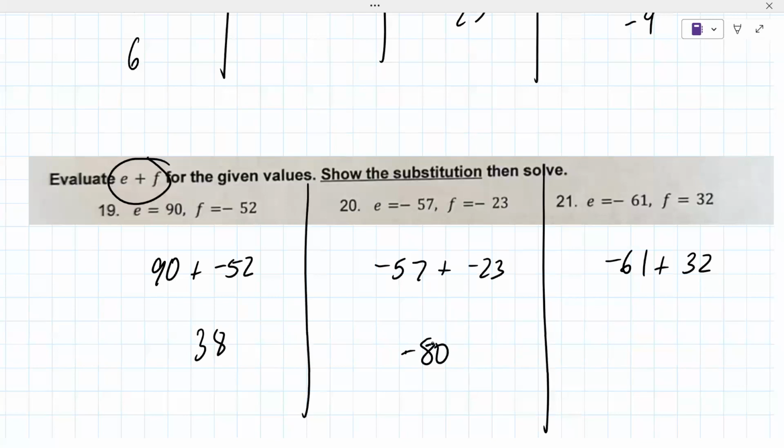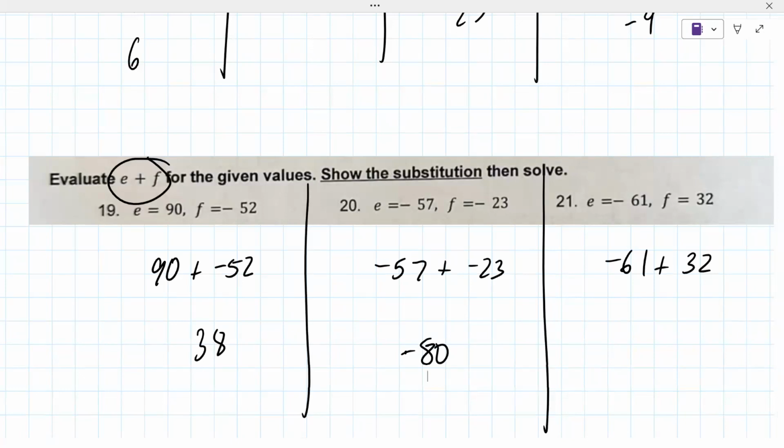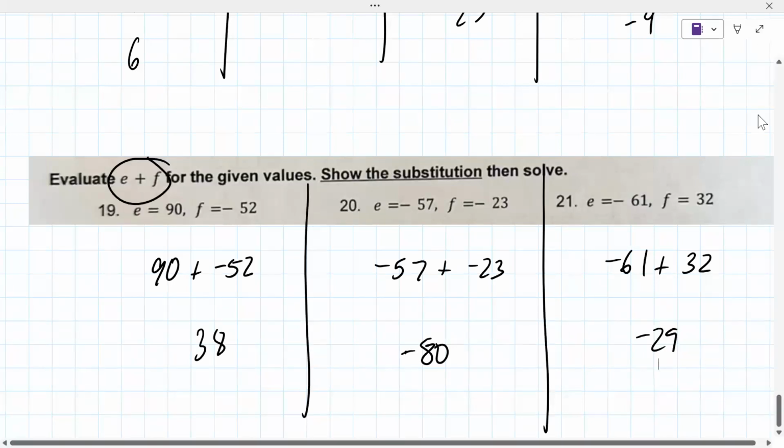Good. Keep going. Negative 29. Okay, I agree. Good. Doing really well on those.